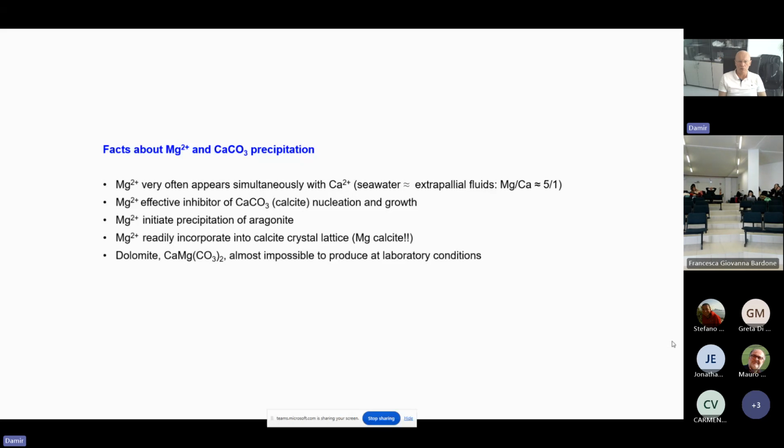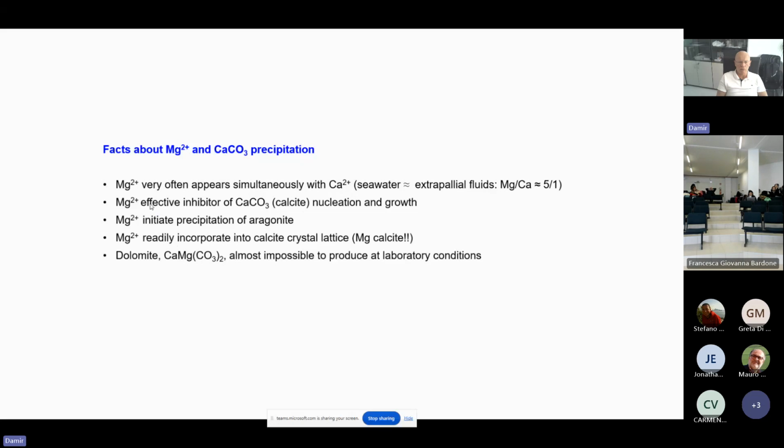Magnesium is very often found simultaneously with calcium ions in seawater, but also in the extrapallial fluid, where the ratio between magnesium and calcium is 5:1. It is known that magnesium is an effective inhibitor of calcium carbonate nucleation and growth.